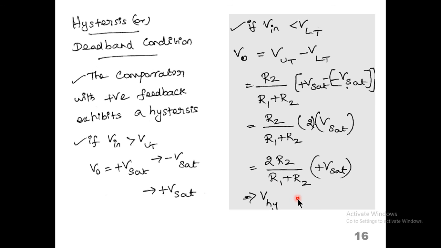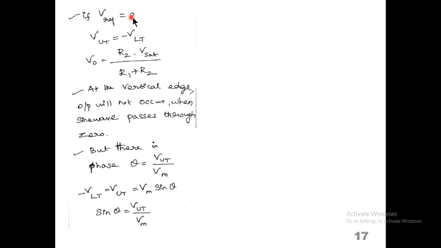When the reference voltage is 0, the output voltage will be equal to the negative lower threshold voltage. The output voltage is R2 into Vsat divided by R1 plus R2. So the inclination theta is calculated by the ratio of upper threshold voltage to maximum voltage: sin theta equals upper threshold voltage divided by Vm.